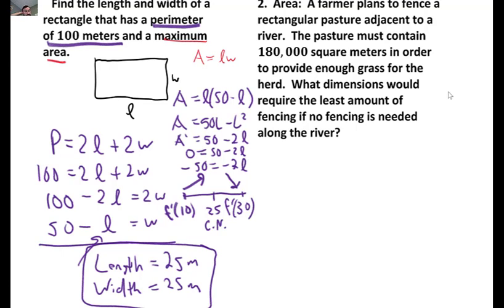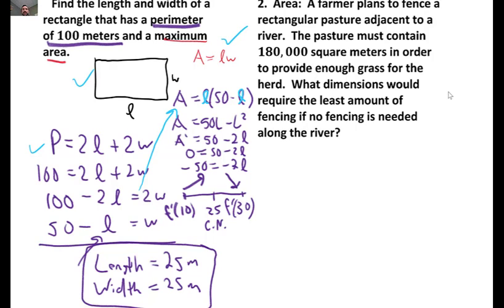So there we go. If we kind of recap what those suggestions said, you can see all of those are pretty helpful. We got a picture. We found the equation we were trying to find the max or min to. We used some of this other information so that we could then plug it in to the primary equation and get it down to a single variable. So I got it down to just L's.